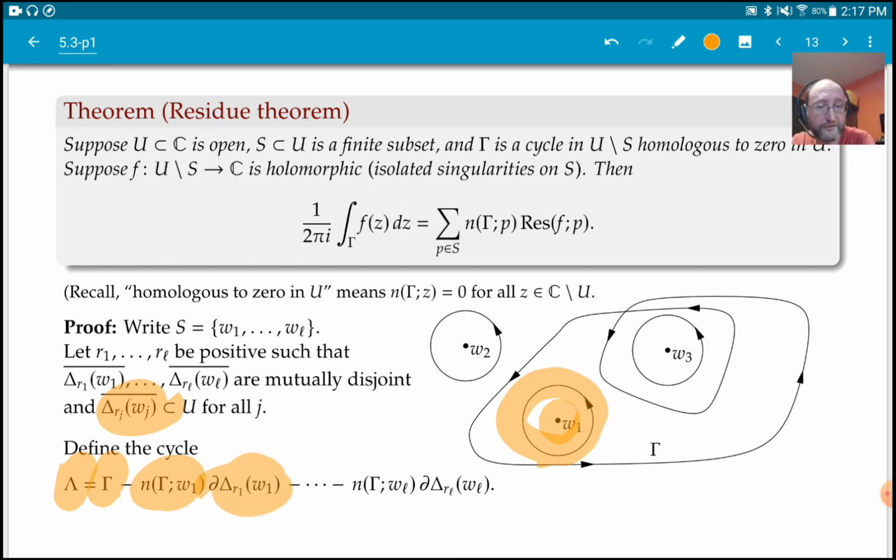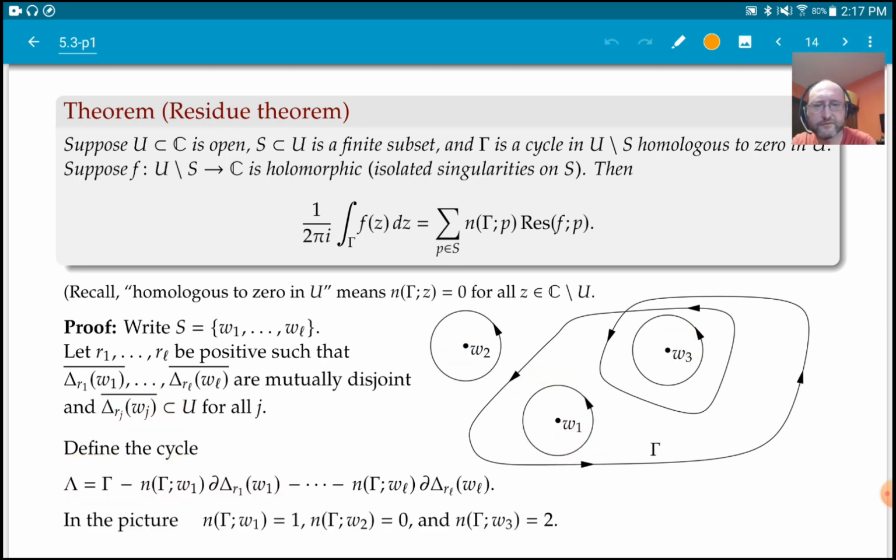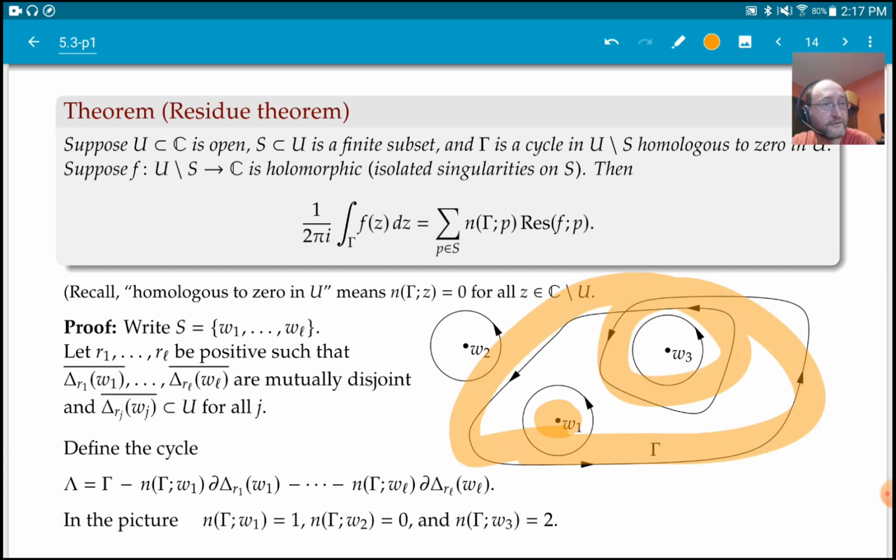That multiple of the boundary, right? And we do that for every one of these. Now notice that in this picture, the winding number of gamma around W1 is 1. It goes once around W1.